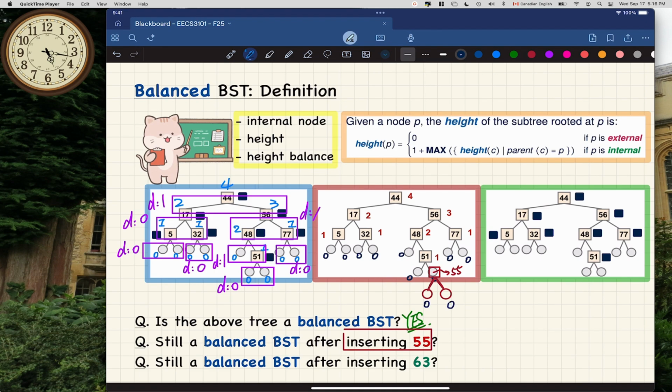What we should do now is very critical, right? Since we have inserted one node into the tree, we need to update the heights along its ancestor path.